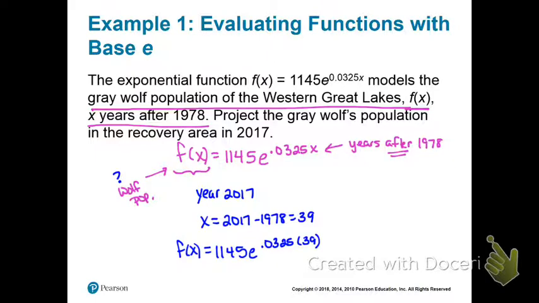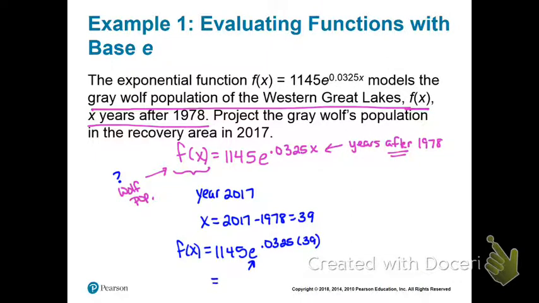Now that e, the easiest one to use because it'll raise it to an exponent for us, is if you go to second, and just to the left of your 4-digit, it has an ln, and right above it, it says e^x. So let's choose that. It says e raised to, and then you need to put the 0.0325 times the 39.